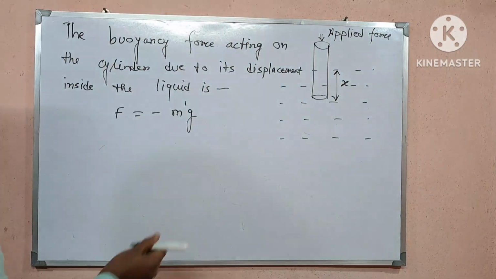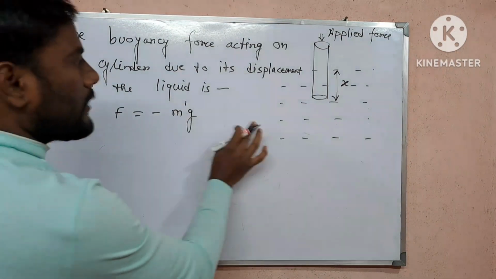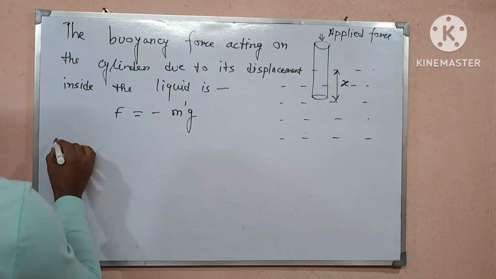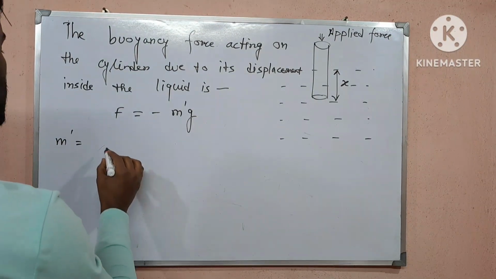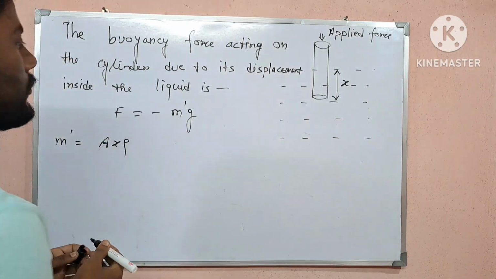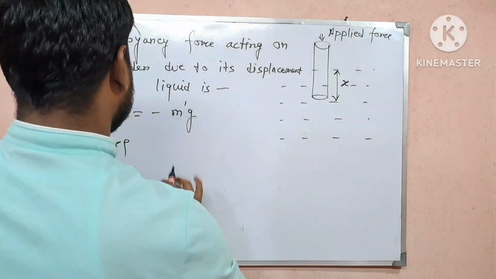So m prime is basically the mass of the displaced liquid. How will we calculate m prime? I think we all know m prime equals A x into rho, because rho is the density of the liquid.